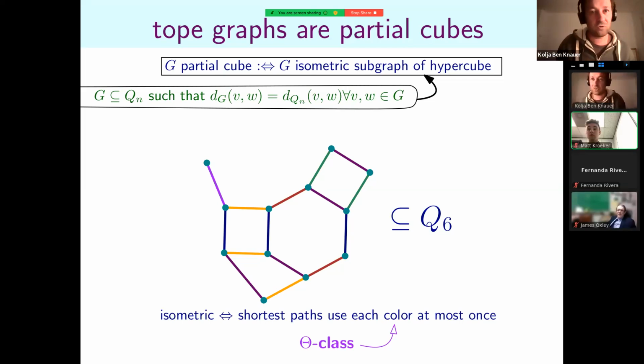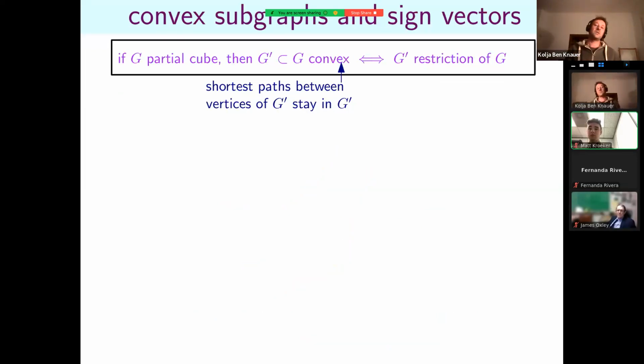And so tope graphs are partial cubes, and I want to try to explain the characterization a little bit, of what kind of partial cubes they are. So first, in a partial cube, I can look at a convex subgraph.